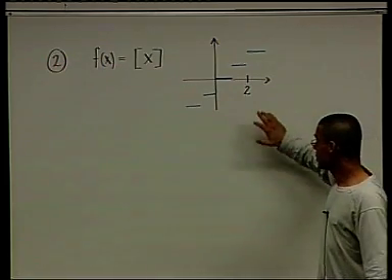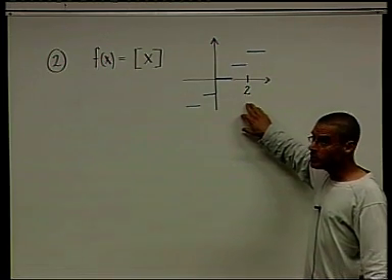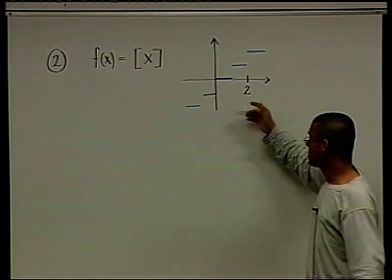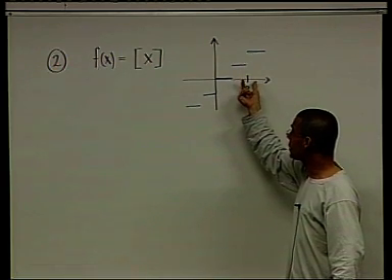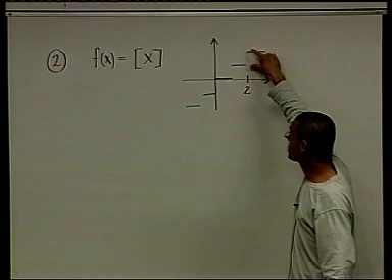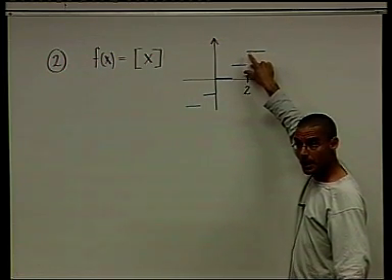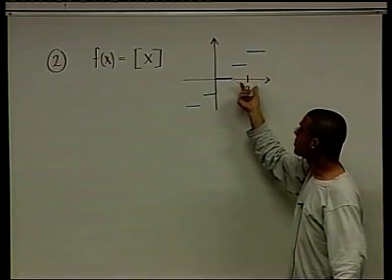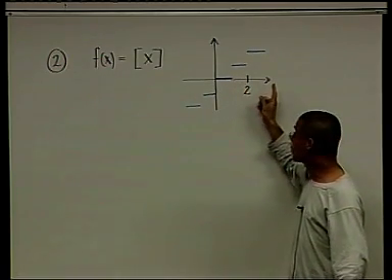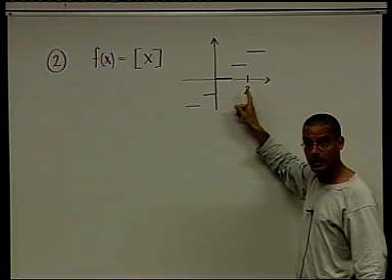Okay? So what happens at this point 2? In order to say that there is a limit, we want to say that when we get closer and closer to 2, the values get closer and closer to some L, right? But when we get closer and closer to 2, we're either getting closer and closer from the right or closer and closer from the left, right?